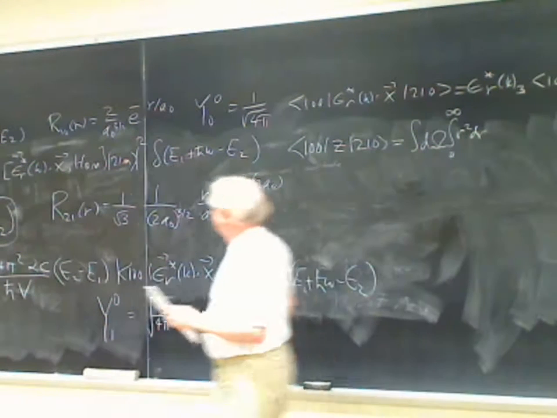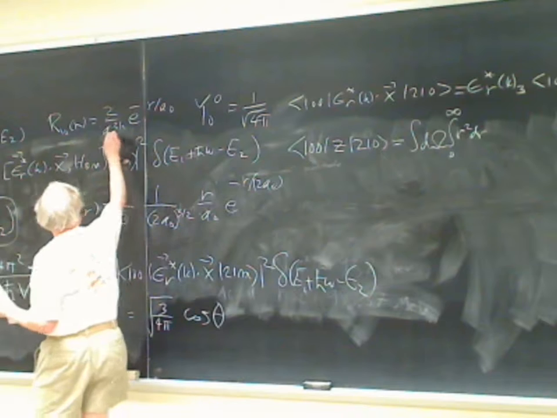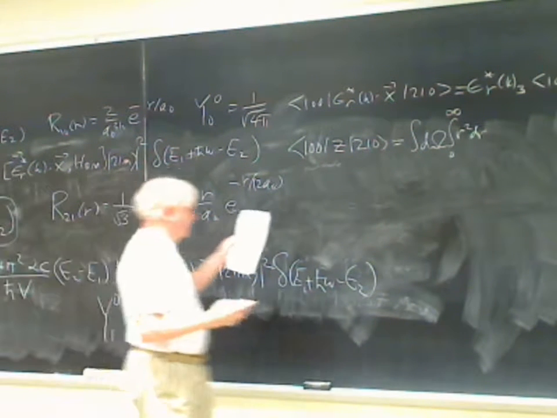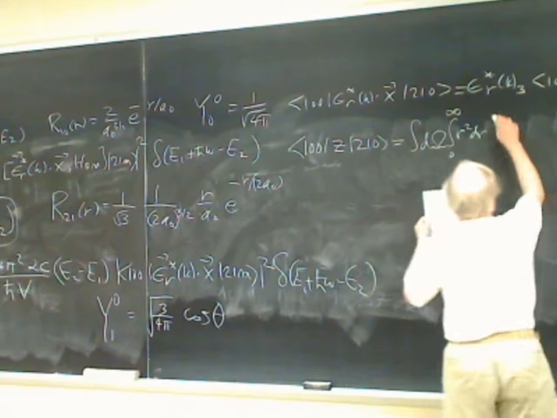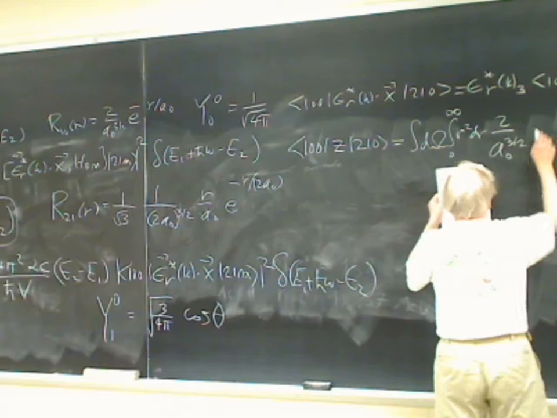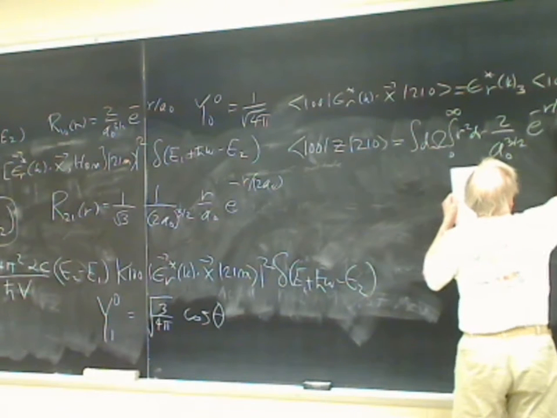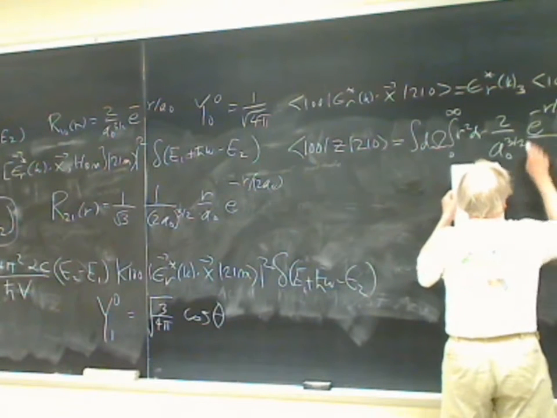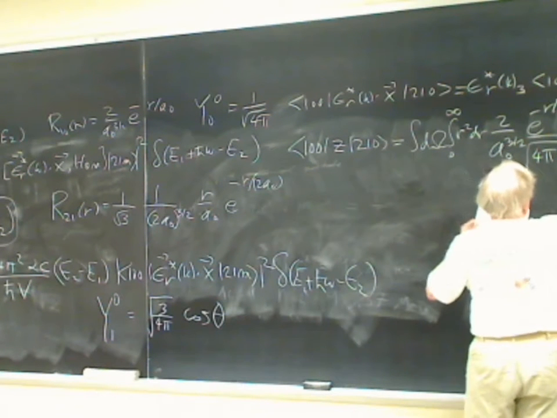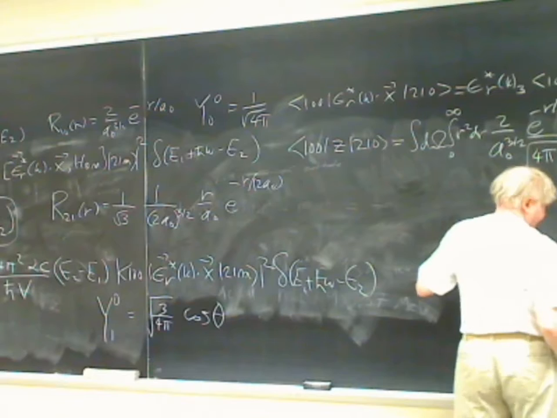And then we have the 1,0 wave function, which is 2 over a0 to the 3 halves e to the minus r over a0 divided by square root of 4 pi. Then z is r cosine theta.